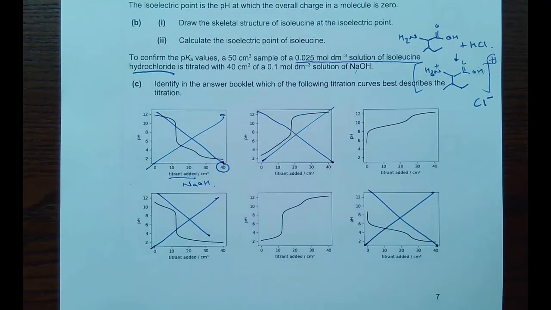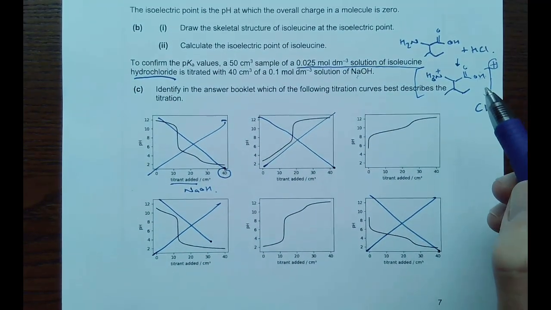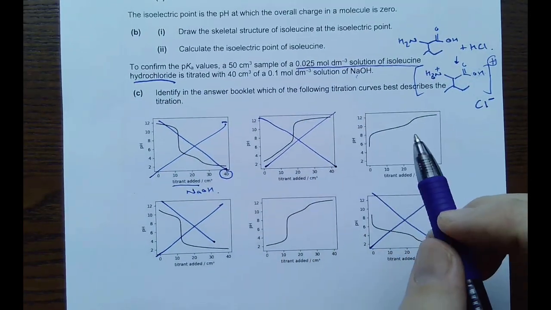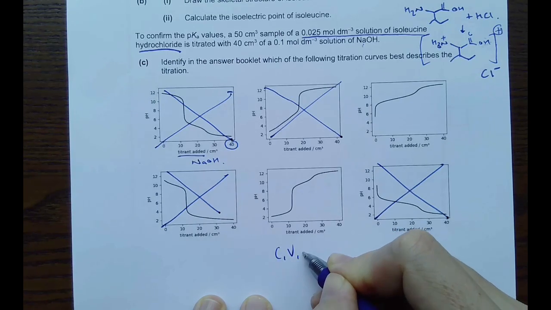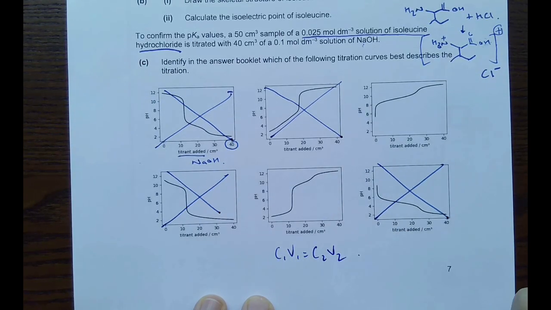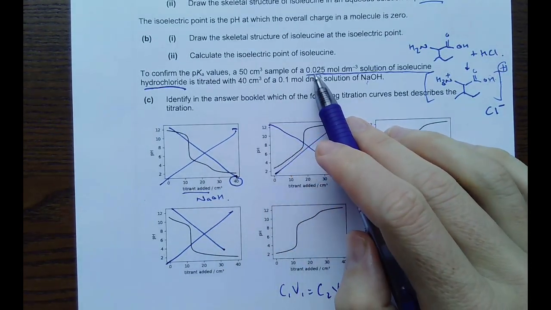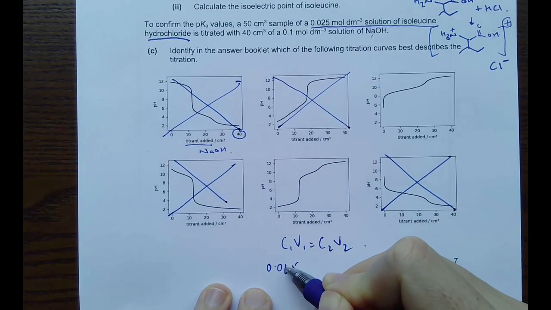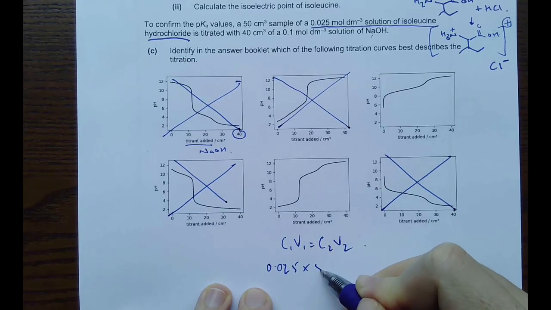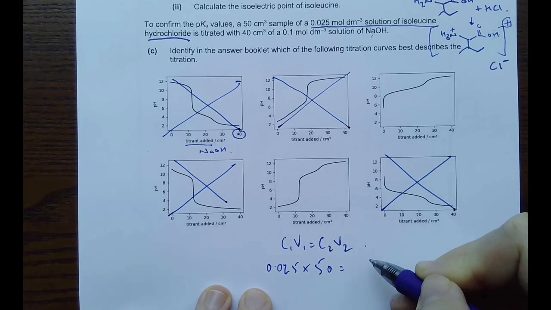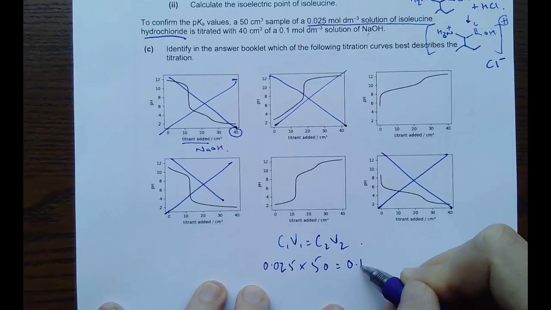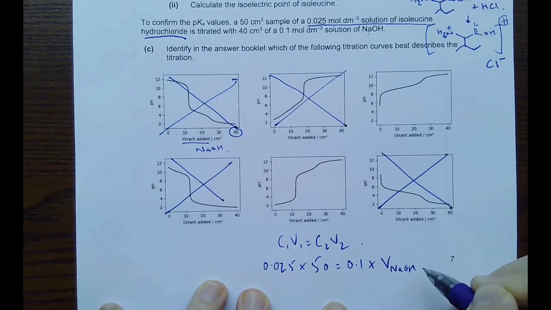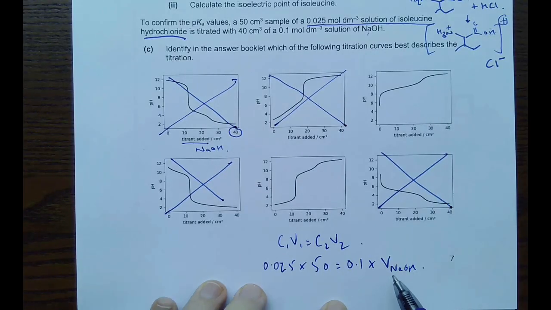Can I be a little bit more firm in that decision? Well, if I look at the quantities and the concentrations, I can do a C1 V1 equals C2 V2 calculation. So the concentration of my isoleucine is 0.025, multiplied by my volume of isoleucine, which is 50, and then my sodium hydroxide is concentration 0.1, multiplied by my volume of sodium hydroxide that I would need to do the neutralization.